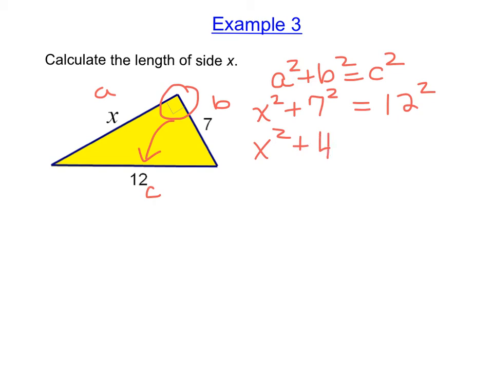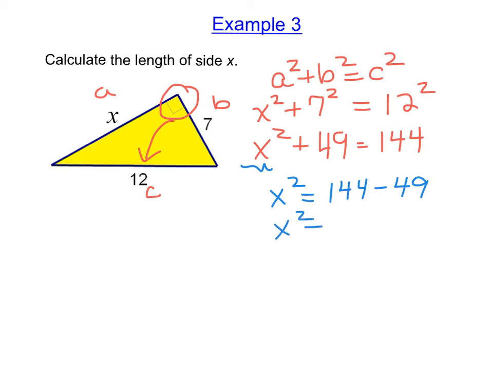7 squared is 49, and 12 squared is 144. Well, I want to figure out what do I add to 49 to get 144. And I can figure that out by subtracting 49 from 144.